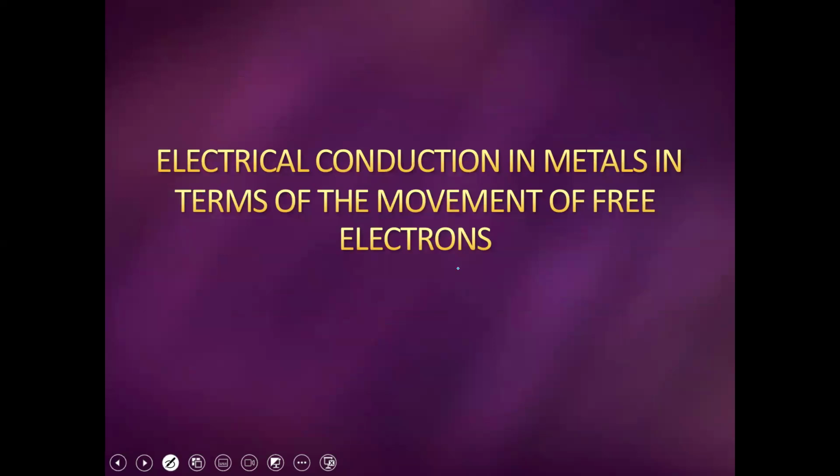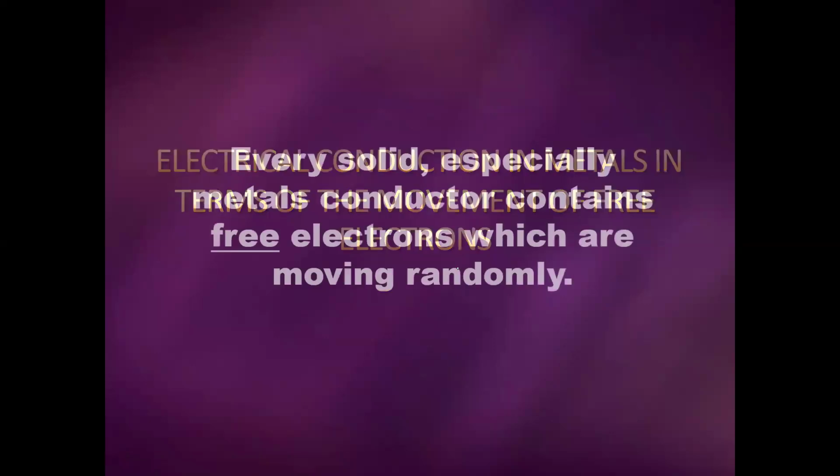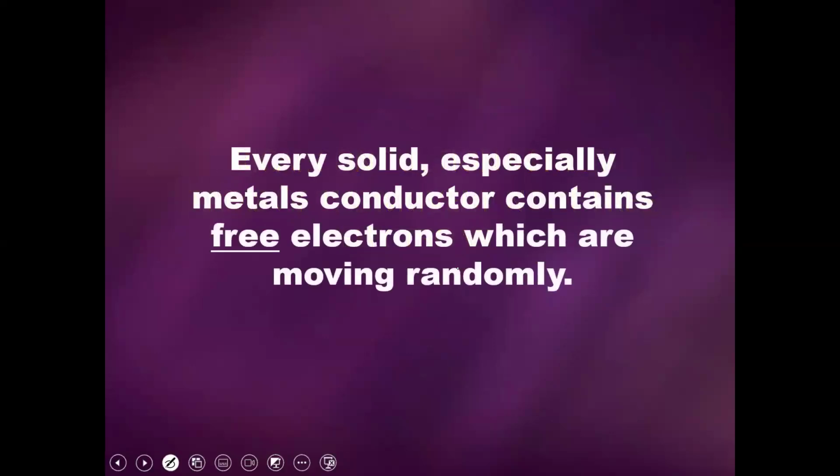Electrical conduction in metals in terms of movement of free electrons. This is our third concept for today: how electricity is able to pass through some conductors only, and why not everything conducts electricity. Every solid conductor, especially metals, contains free electrons.